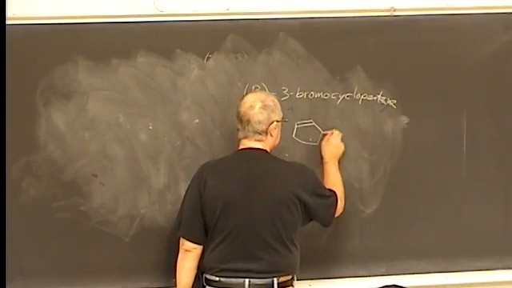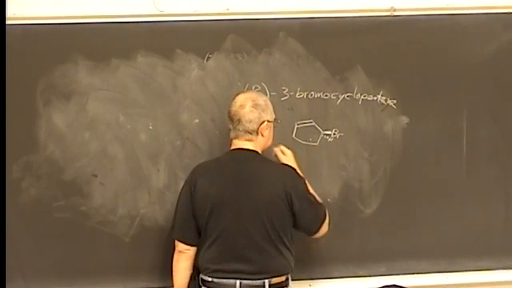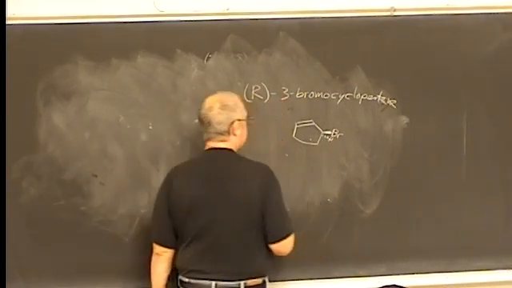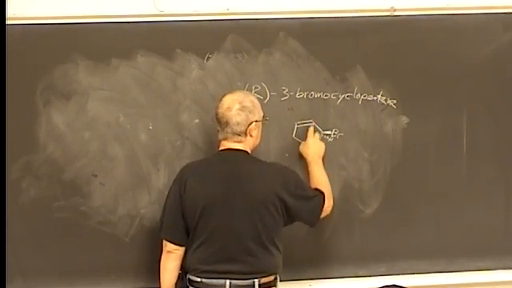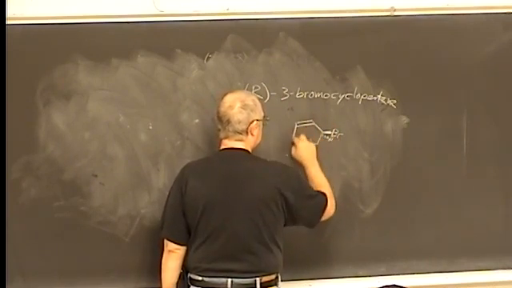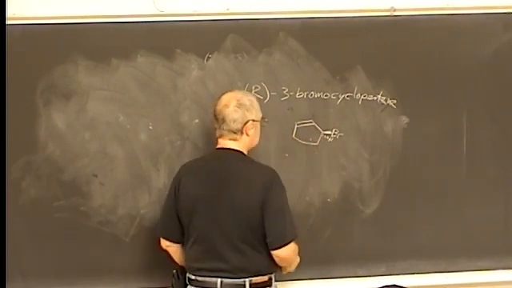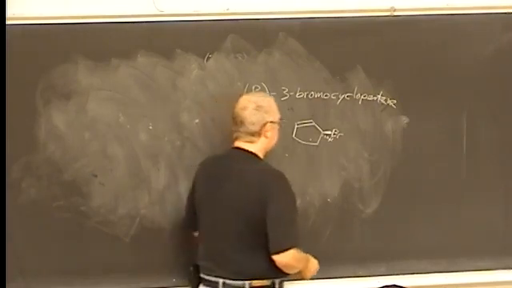Now if I were to do this, that goes 1, 2. The alkene takes priority over the CH2. 1, 2, 3. So that's actually going to be S. There is an easy fix for that.